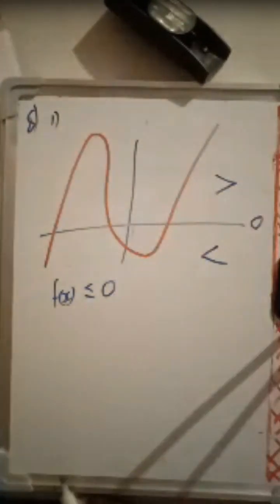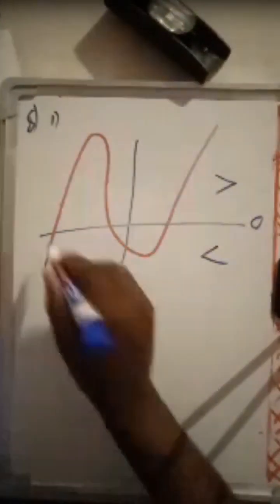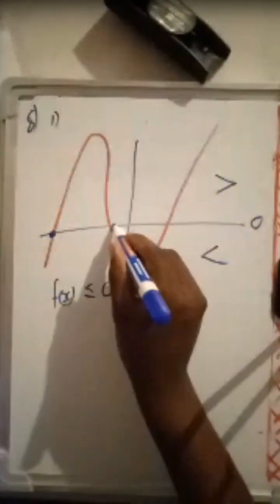This is greater. This is less. So anything down is less. Anything above it's greater. So we see it's from this part, that part, and that part.